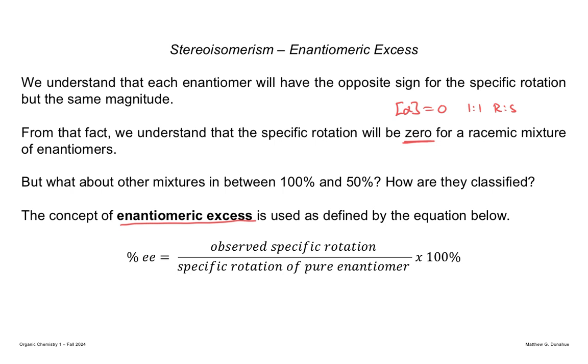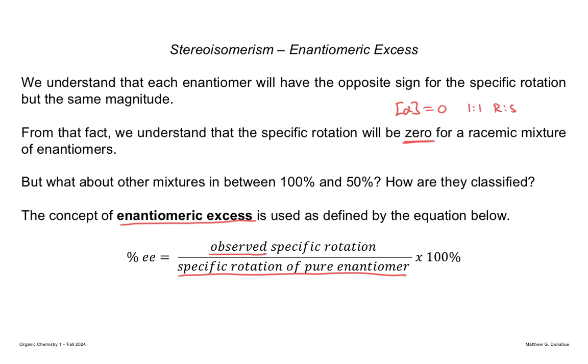In the classical sense, the way you would measure it is simply by taking the observed rotation of whatever mixture you're dealing with and then dividing by the specific rotation of the pure enantiomer. So that begs the question, do you know that the value you measured for the denominator is that of 100% of one enantiomer?